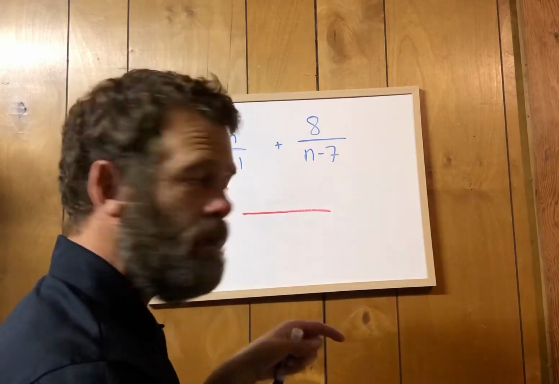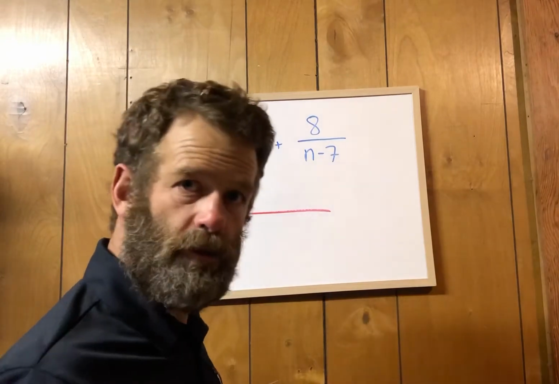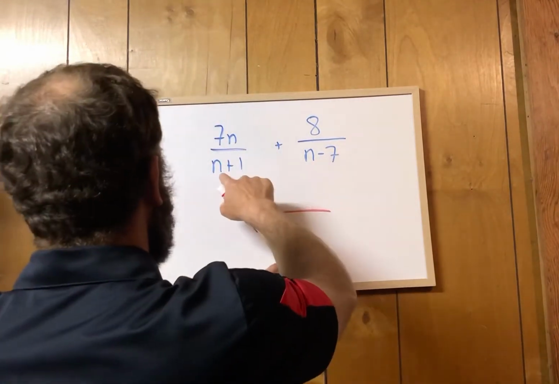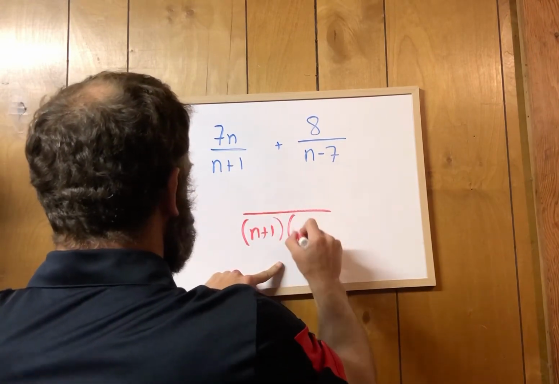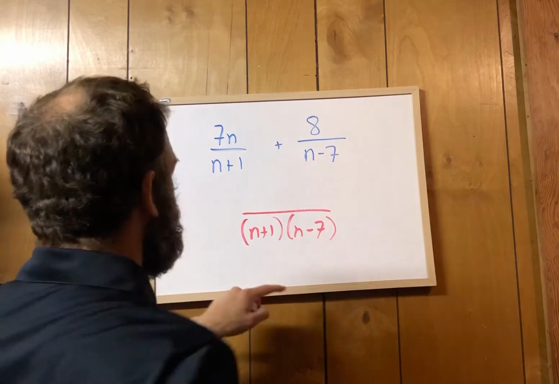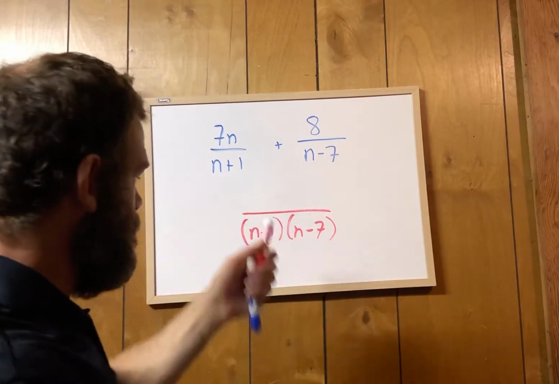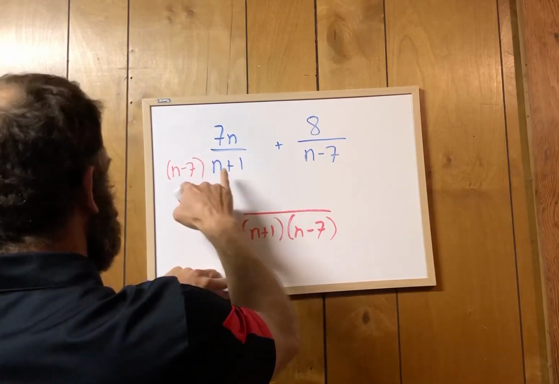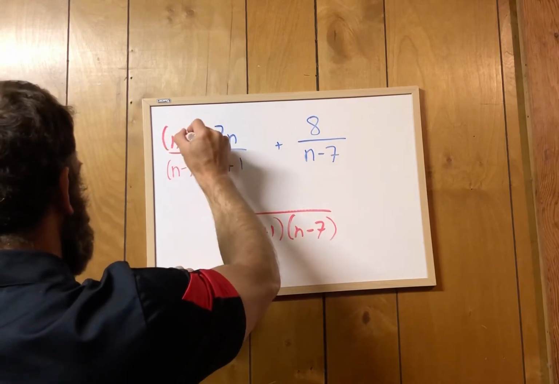So technically, you know how I multiplied 5 times 11? That's what I'm doing with this, except they're polynomials. It's the same exact basic property. So to find a common denominator, it would just be n plus 1 times n minus 7. And then you multiplied n plus 1 times n minus 7 to get this denominator. So whatever you do on the bottom, you have to do on the top.